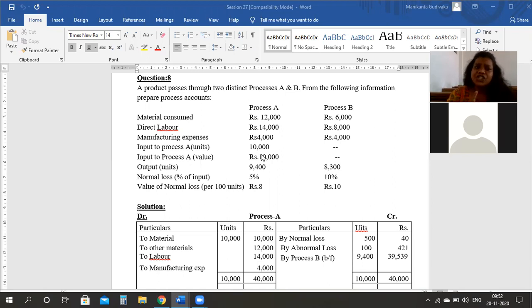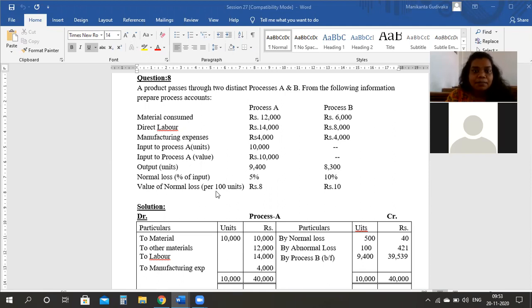That means each unit is costing us 1 rupee. Are you clear? 10,000 units have been introduced with the value of 10,000. Therefore each unit is costing us how much? 1 rupee.